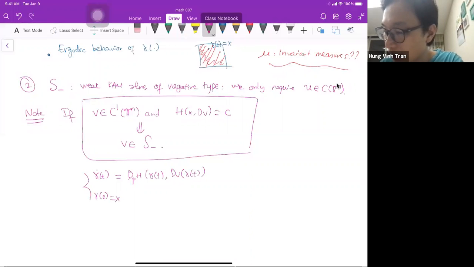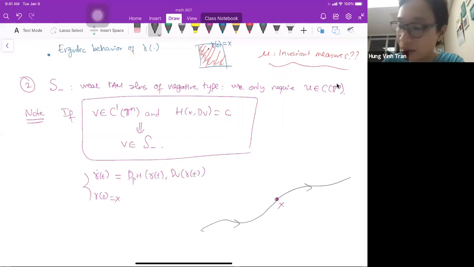So this is the point x, and you can define your curve gamma going from minus infinity to infinity crossing through x, and this gamma is surely calibrated. That's what we have proved.